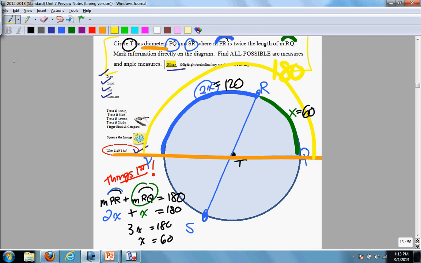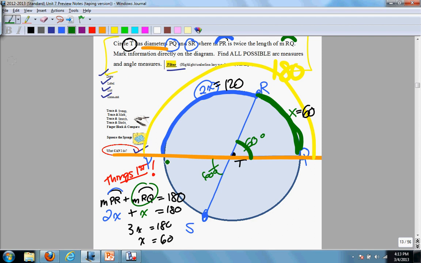Now you just start working it over. Measure of a central angle to its arc the same. So if this is 60 degrees, this right here, central angle RTQ, is 60 degrees. Oh, and we have a vertical angle. Looky there. So that's also 60 degrees.